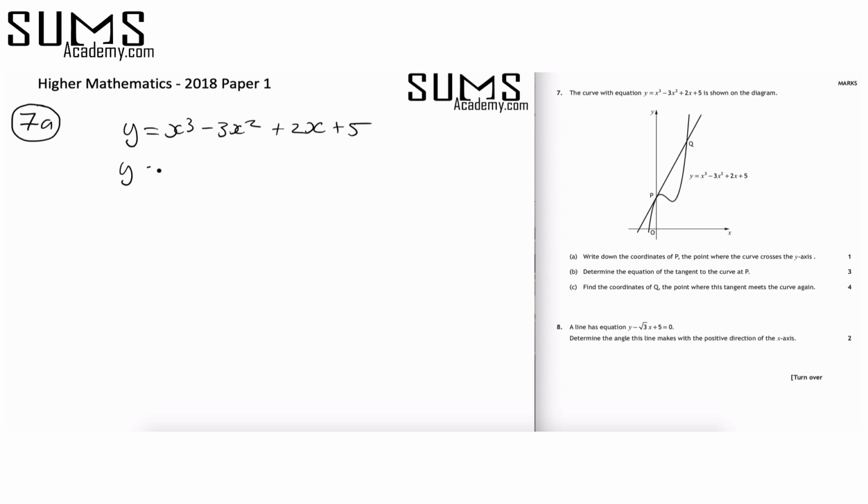So when x is equal to 0, the x cubed, 3x squared, and 2x terms are all going to be 0, and you're just going to be left with y is equal to 5. So the point P is (0, 5). Right. You just get your 1 mark.